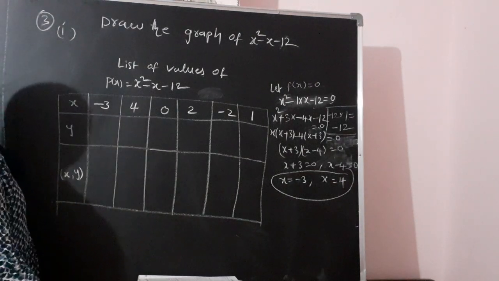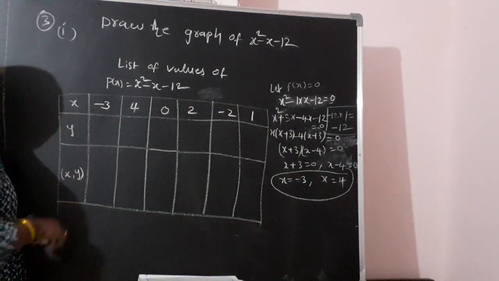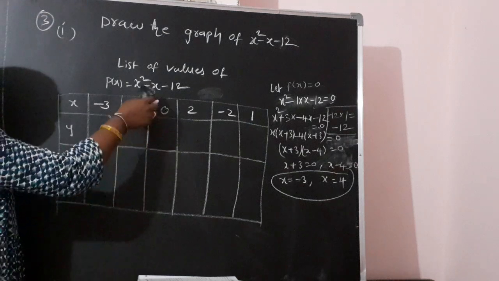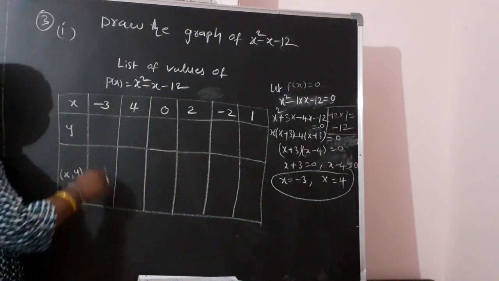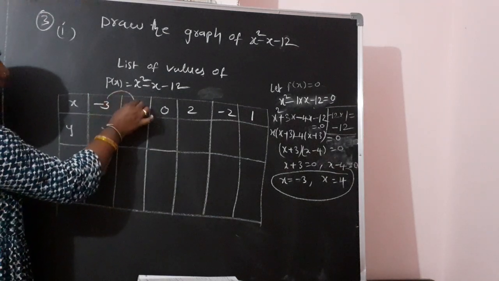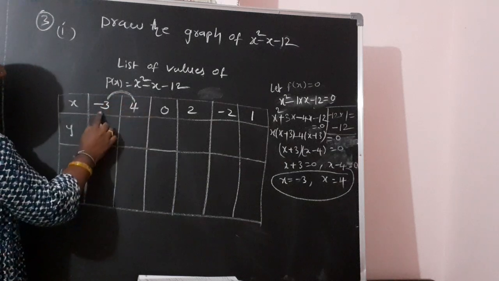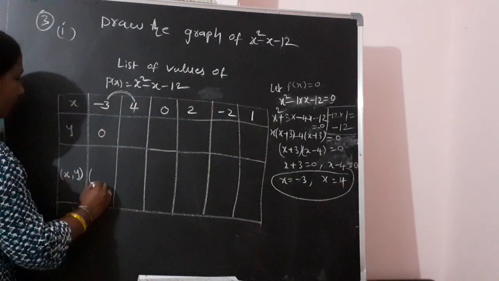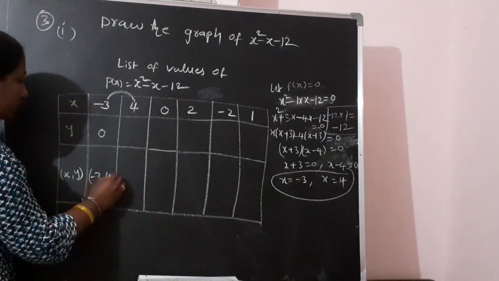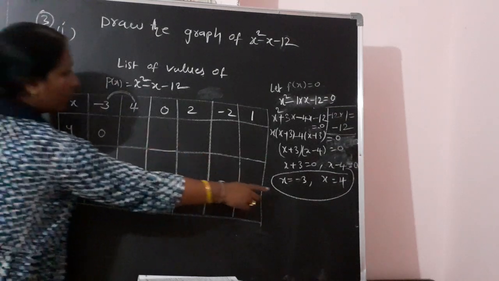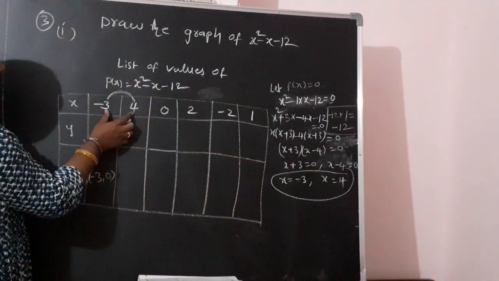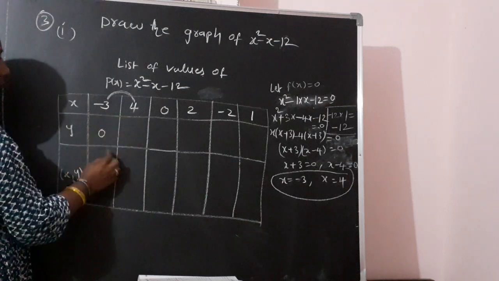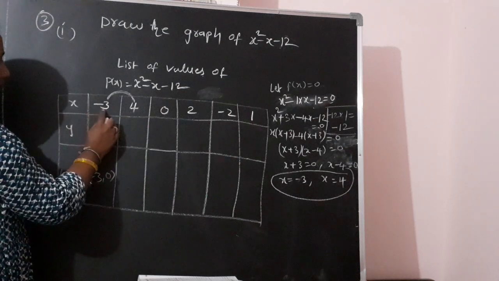Now let's fill in the table. When x equals -3, what is the y value? Already we decided these are zeros, so no need to simplify. Whenever these are zeros, the y value is no doubt 0.